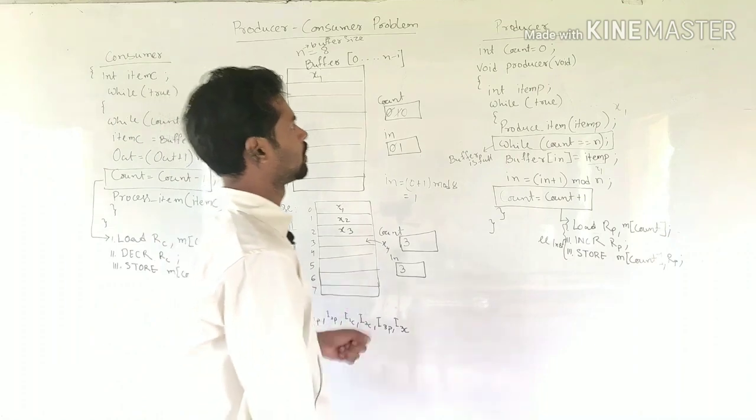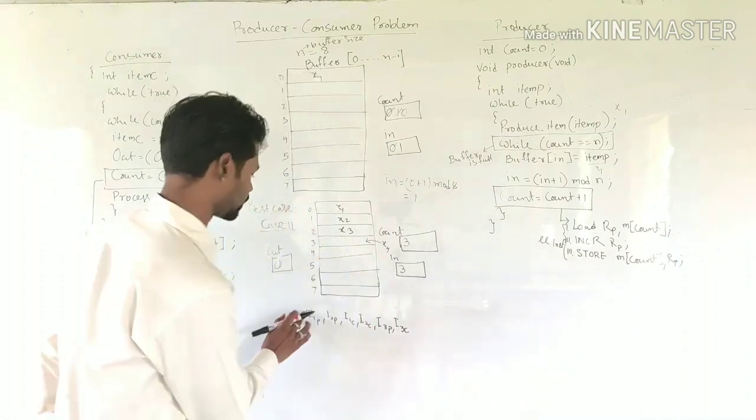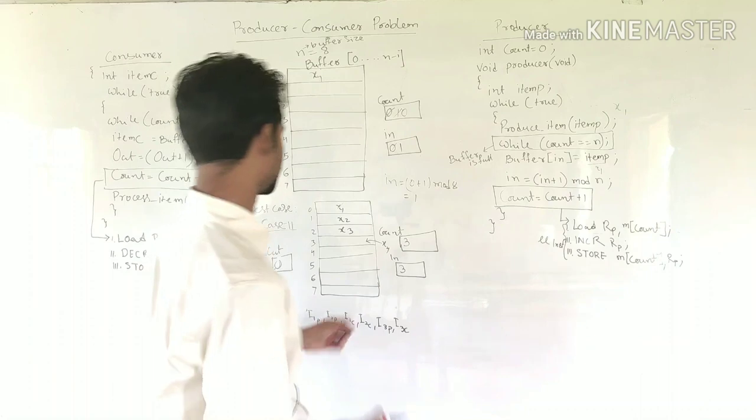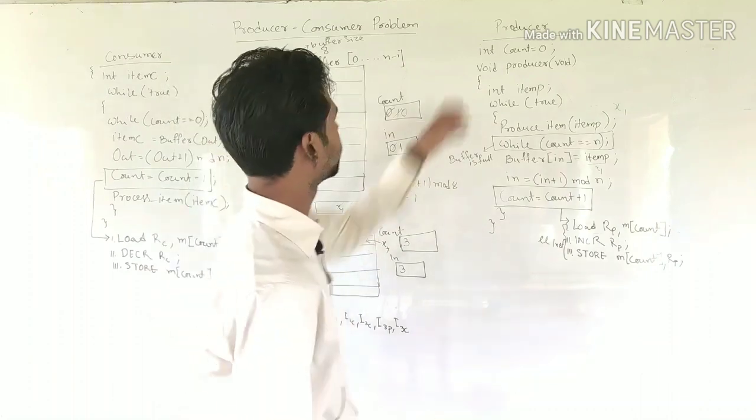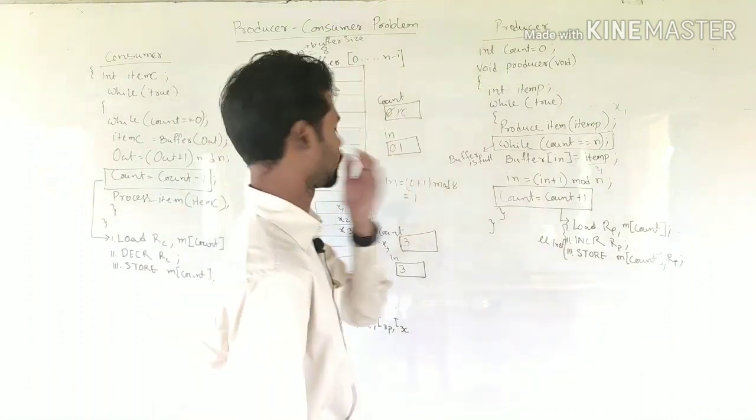Now, first, this is the sequence, first execute the producer process.